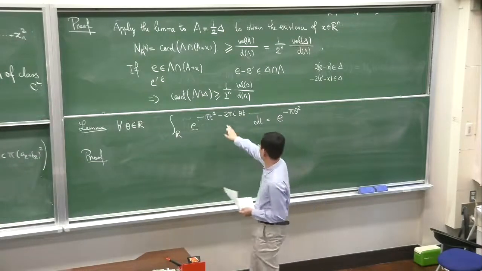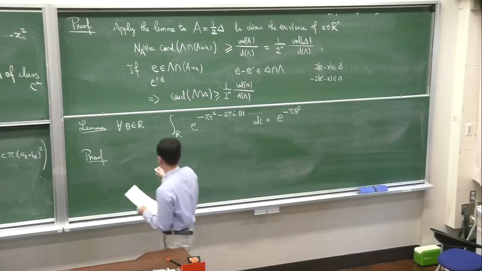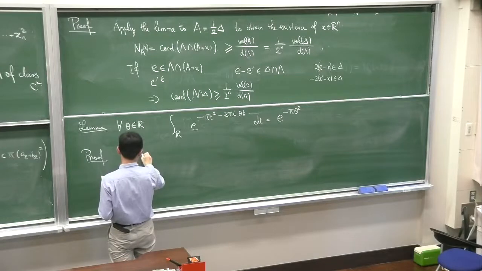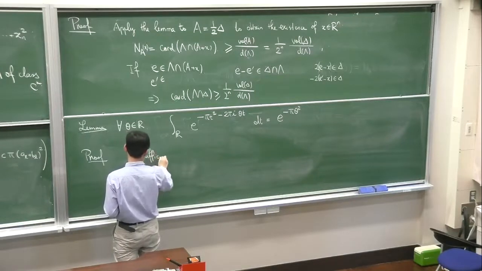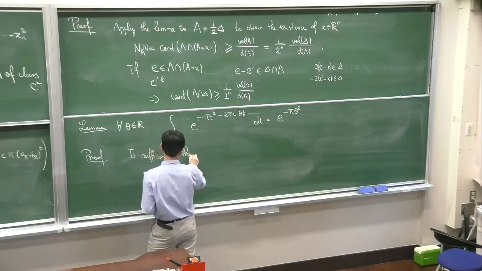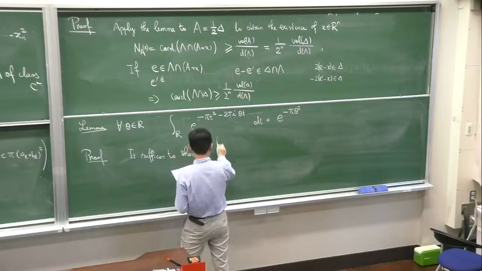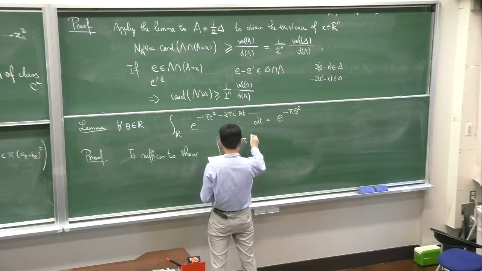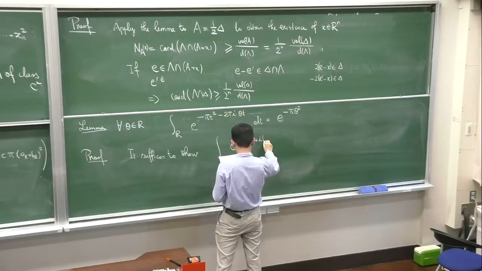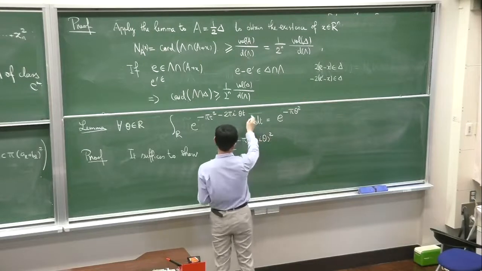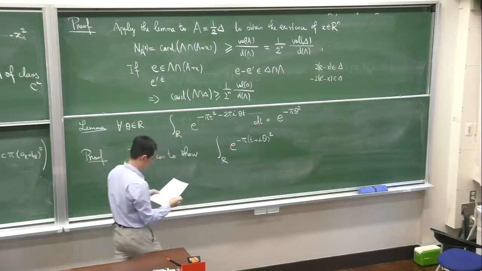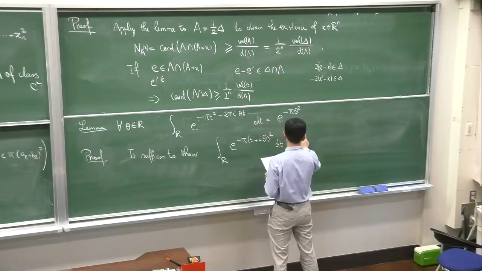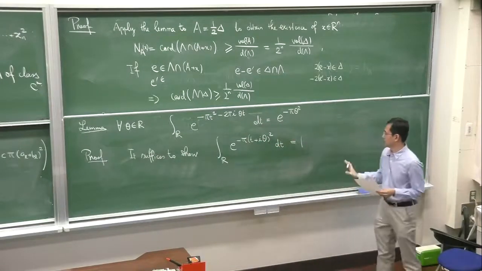So you can, for example, introduce some coefficients here to produce a square. So it suffices to show that the integral over R of e to the minus pi (t plus i theta) squared dt is 1. I just put some i theta squared here.